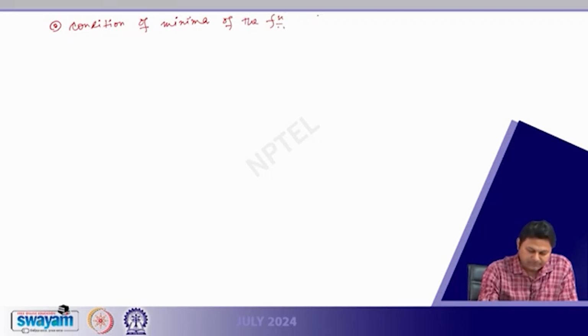This one, sin n alpha divided by sin alpha. It is a square, but I want to find out the condition of minima for this function.